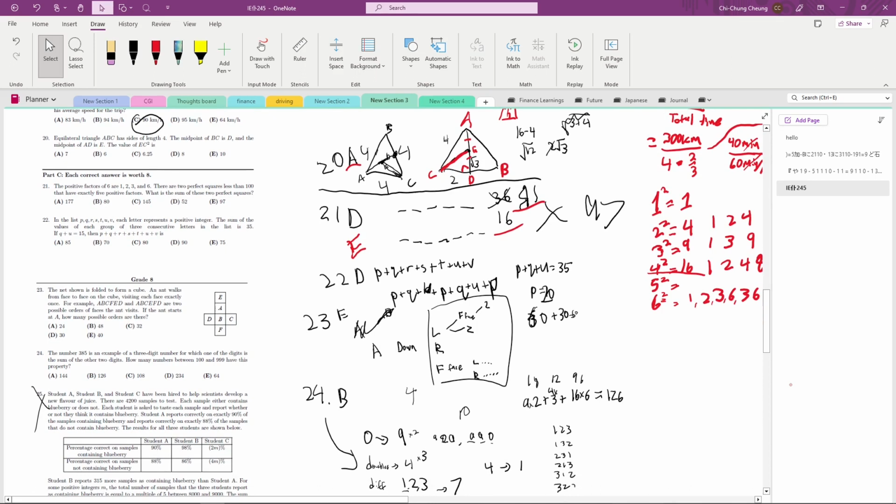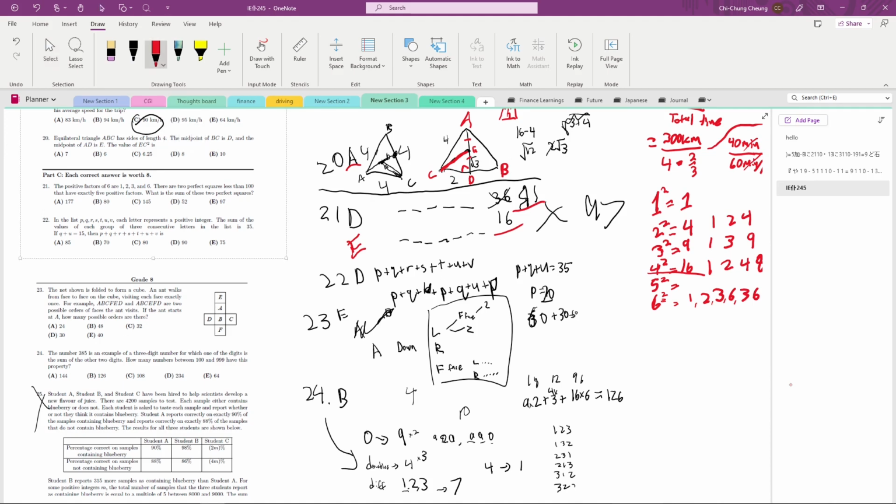22 was also from the grade 7 one, but I forgot. I remember the gist of it, but I had to refine the details. But anyway, I'll just quickly go over it this time.